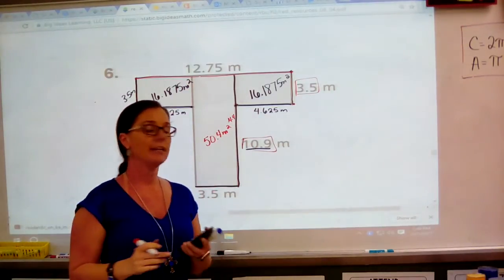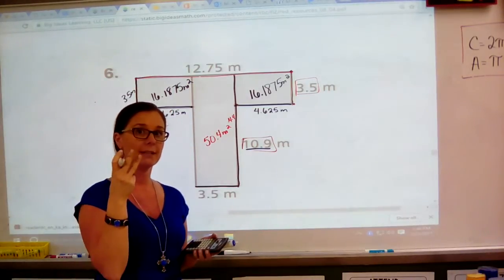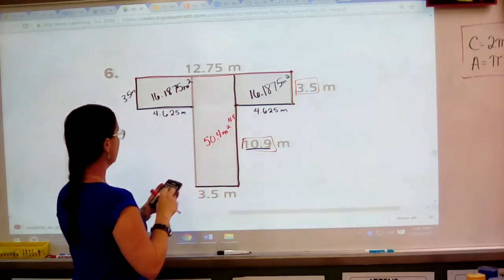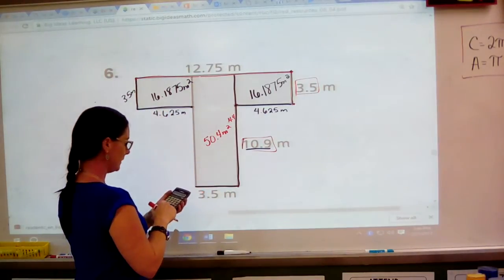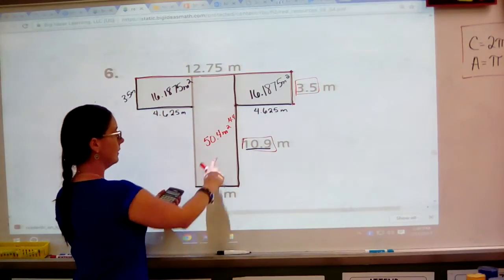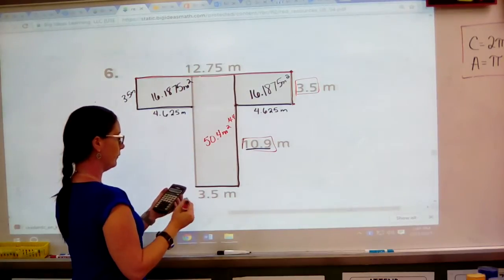And then to find the area of my entire composite figure, I want to add up my three rectangles, the areas that I found for them. So I have 16.1875 plus 16.1875 plus the area of my center rectangle, which is 50.4.